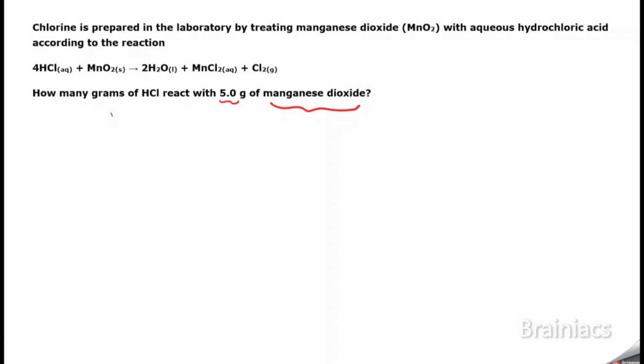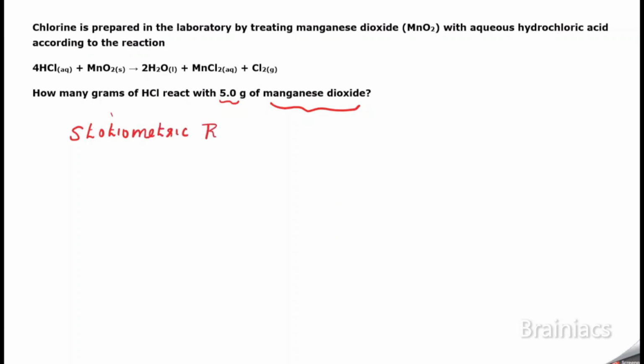So now tell me which quantities we need to relate here. We need to relate hydrochloric acid and manganese dioxide. As per the balanced chemical equation, what is the stoichiometric ratio of this reaction? Okay, I will write the stoichiometric ratio.